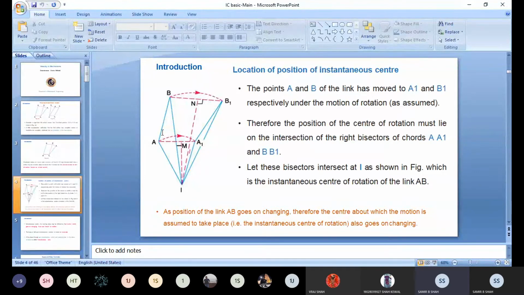So I repeat once again, the points A and B of the link have moved to A1 and B1 respectively under the motion of rotation. Therefore the position of the center of rotation, I want to find the center of this rotation, which must lie on the intersection of right angle bisectors of chords AA1 and BB1.